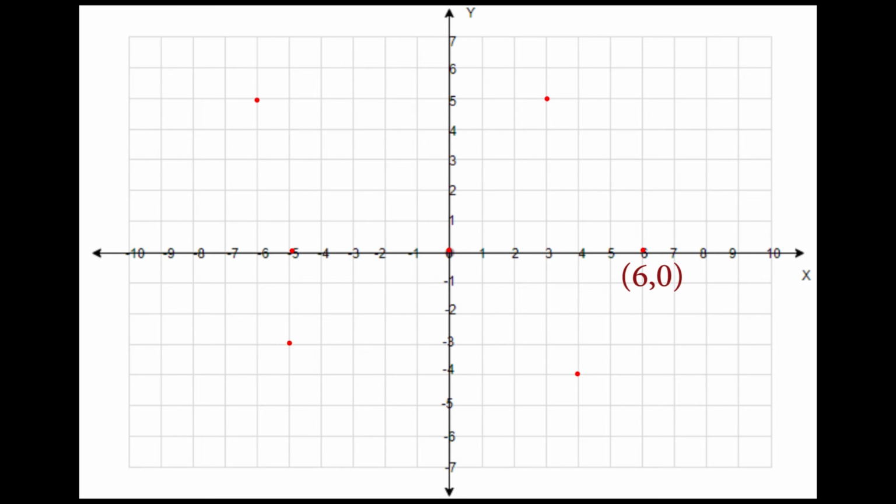Now let's take this point, which is in quadrant 1. So in order to reach this point, we need to take 3 steps towards the x-axis and 5 steps towards the y-axis. So this point is 3, 5. Let's take this point.